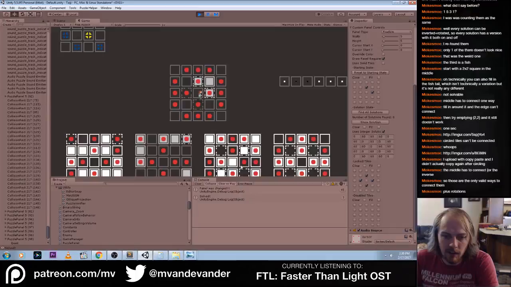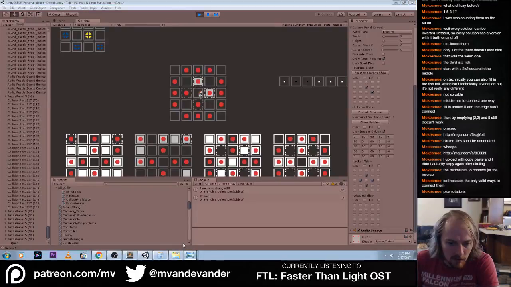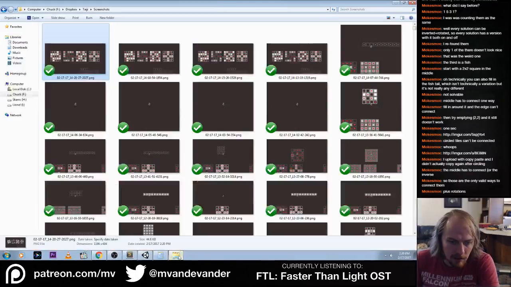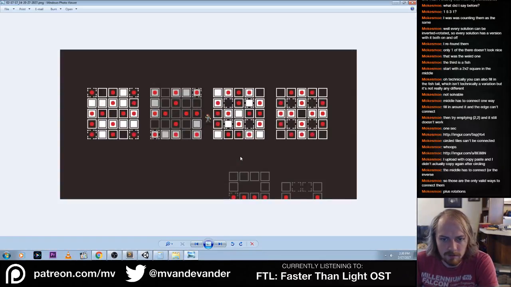Whereas this is solvable because it's the same as this. I can do the fish even. Question is, if I go look at my solutions here, 2 on, 2 off, 2 on, 3 on and 1 off, and all 4 on.